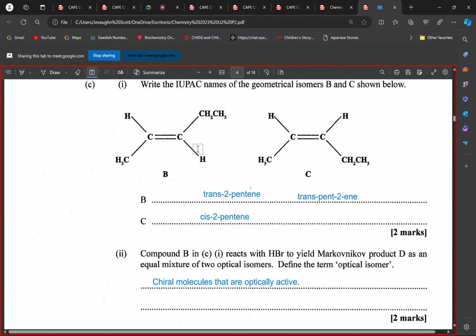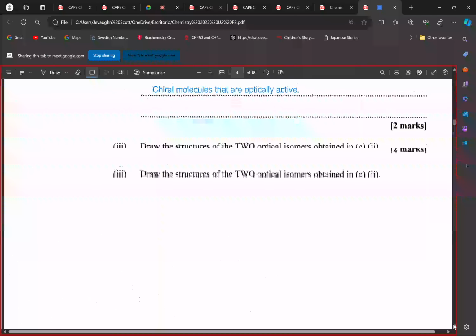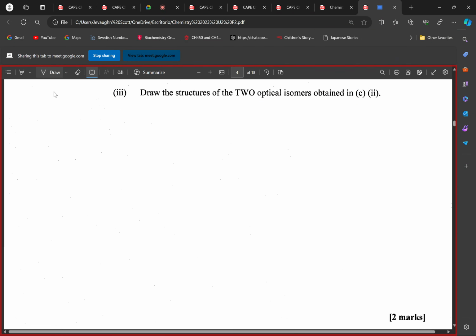So the bond breaks. Have you guys drawn your products already? So is that going to have bromine on the second carbon or on the third carbon?